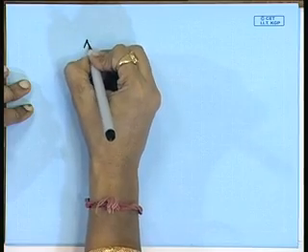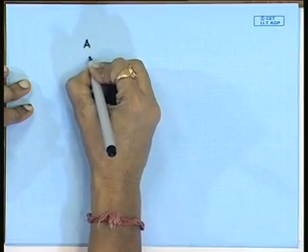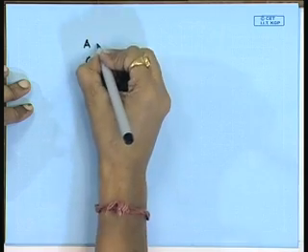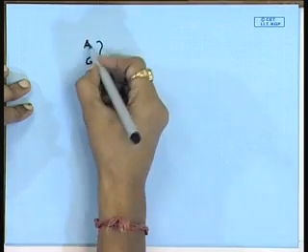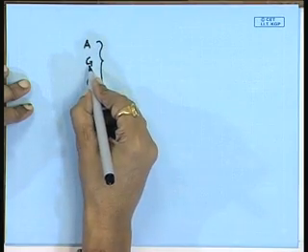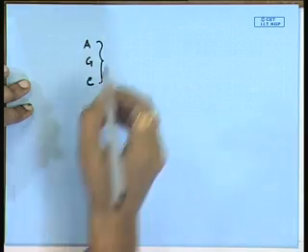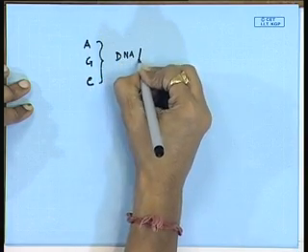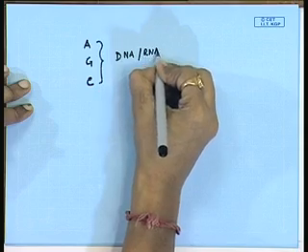That means, in short, what we can conclude from these nitrogenous bases is that A, G, C are common, that means adenine, guanine, cytosine are common in both DNA as well as RNA molecules.